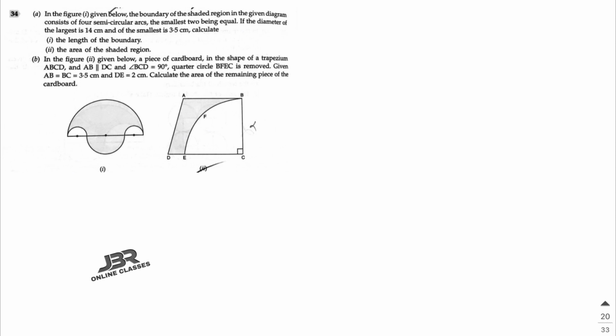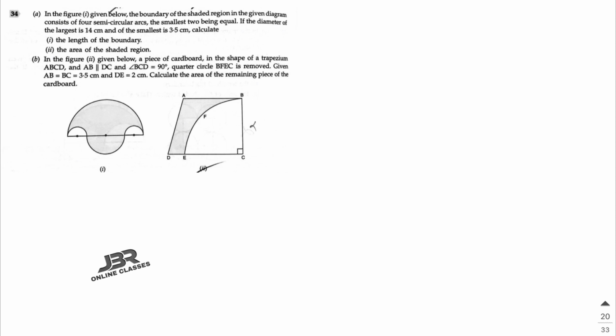So 7 centimeter is the radius of the largest one, and 3.5 divided by 2 equals the radius of the smallest one.